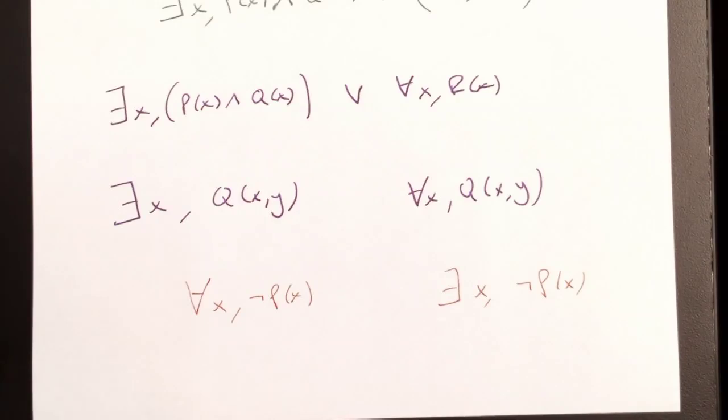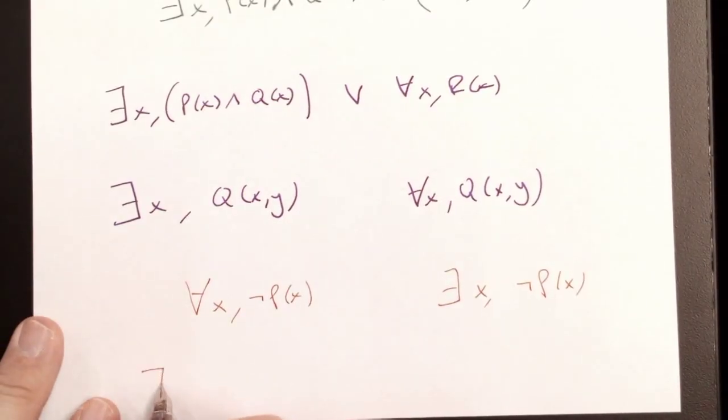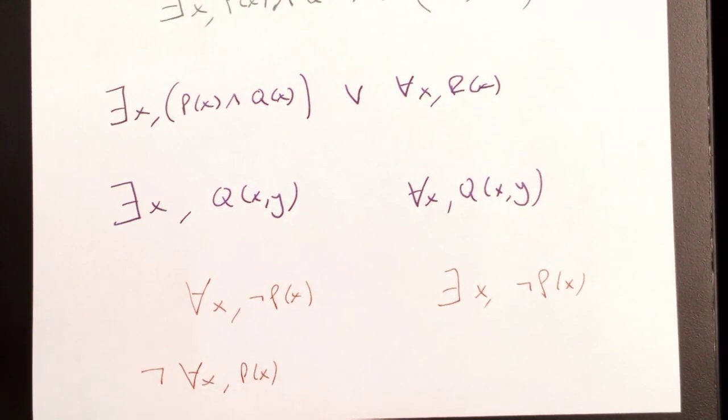Question. What does that mean? It is not the case that for every X, P of X is true. That's the most awkward piece of English I've said today. There is at least one instance in which it is false. You De Morganed on me. Think about this.